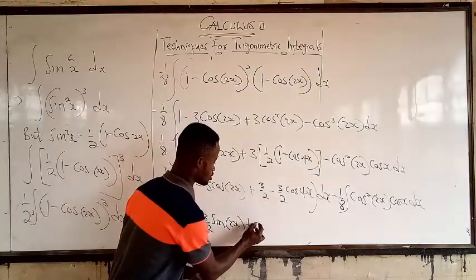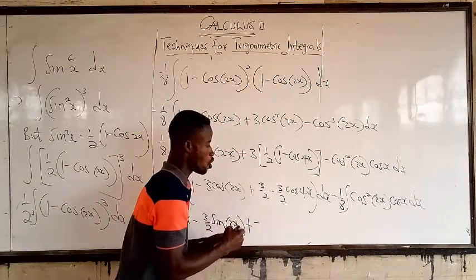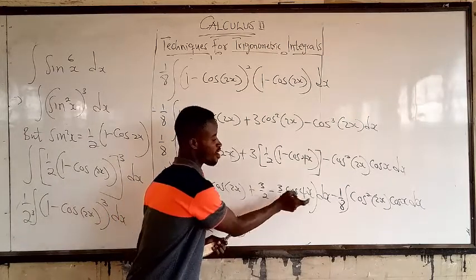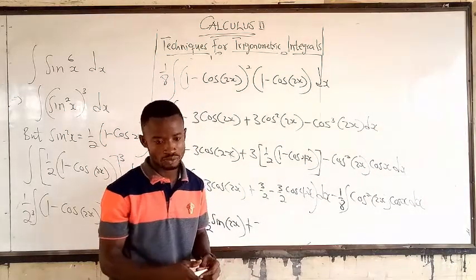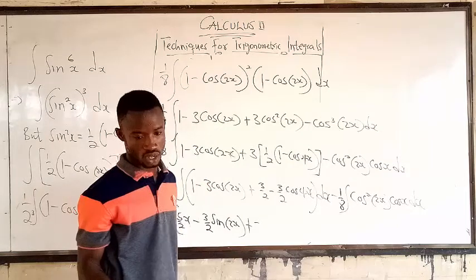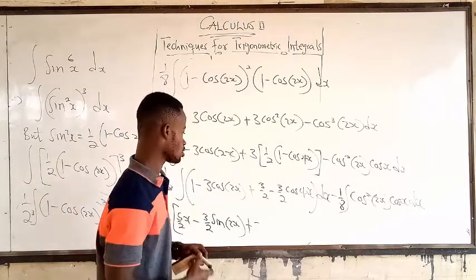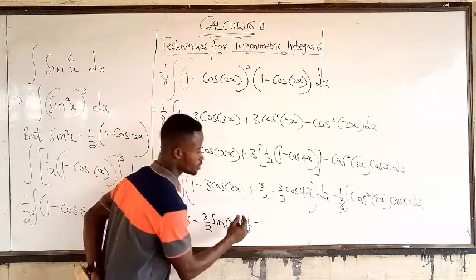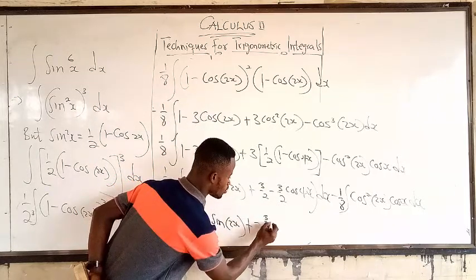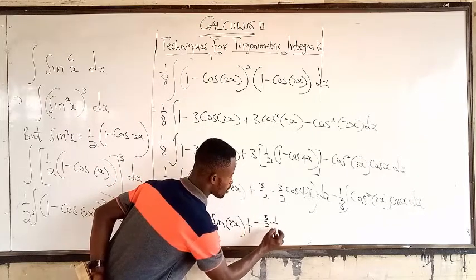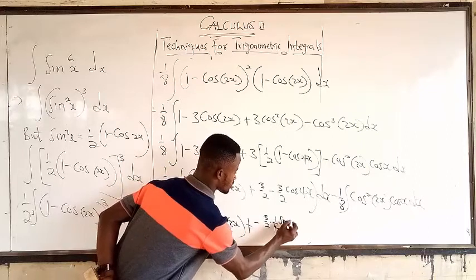This we are going to get 3/2 over 4. And when you do that, we are going to get something like this: 3/2 multiplied by 1/4 sine 4x.